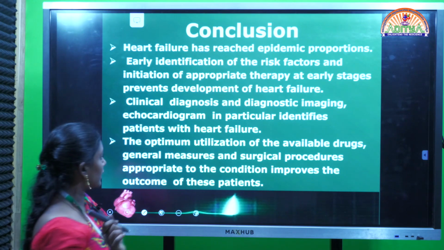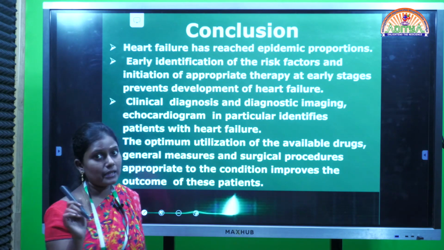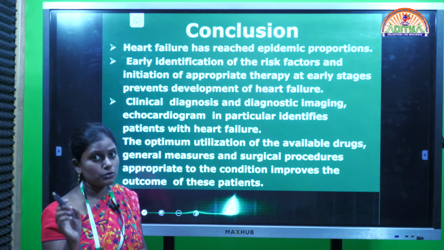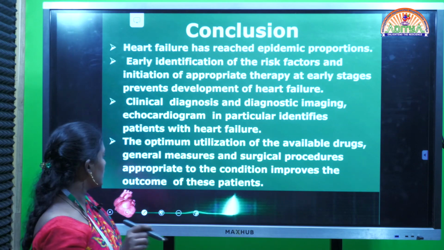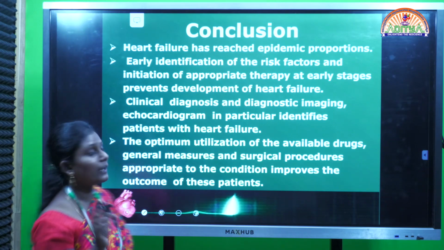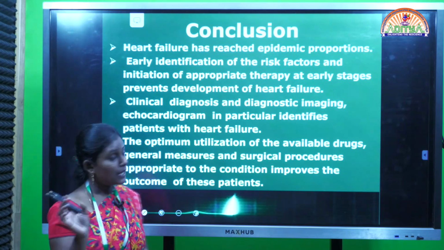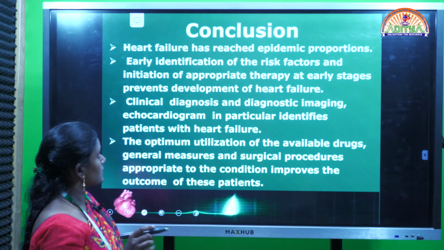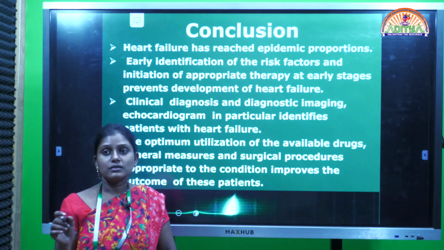Then we have to make optimum utilization of available drugs. At the same time, we have to take some surgical procedures for preventing CHF. All these can help the patient come out of CHF, that means improve the outcome of these patients. So yes, thank you so much.